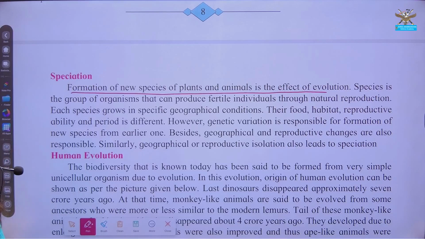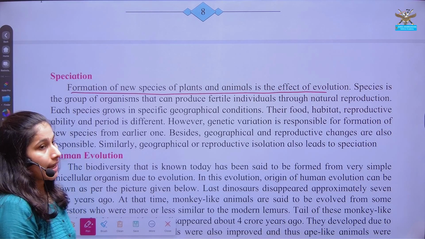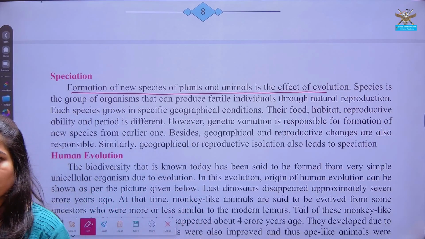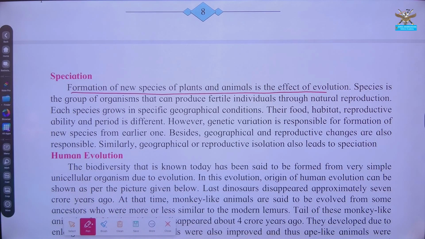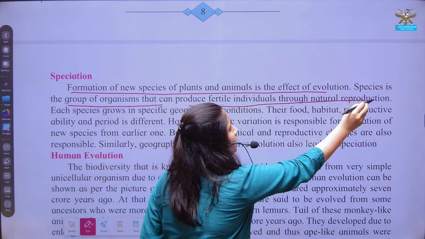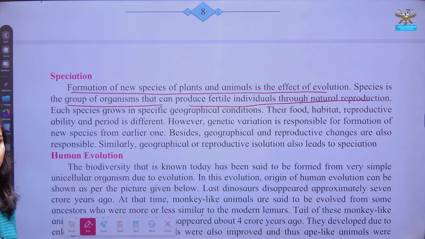So whenever new species are formed, evolution plays an important role, along with nature. These new species are organisms which can produce fertile individuals by natural reproduction. A species is just a group of organisms which show a similar kind of habitat and character.